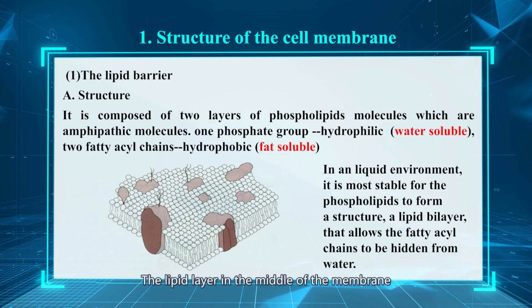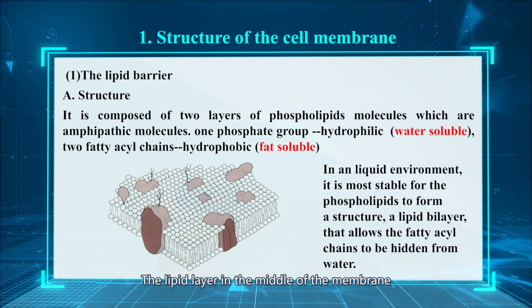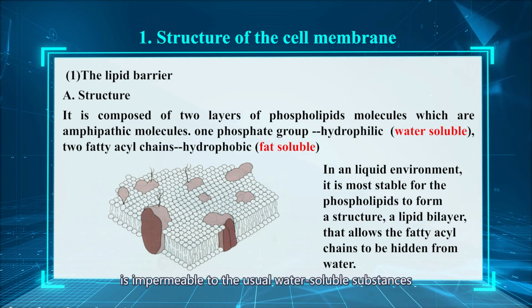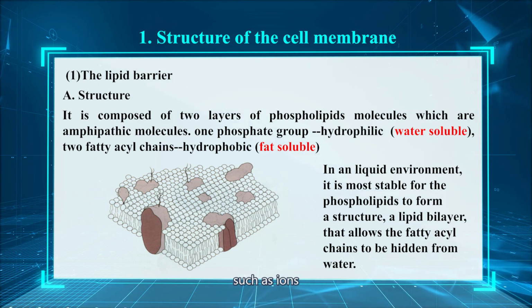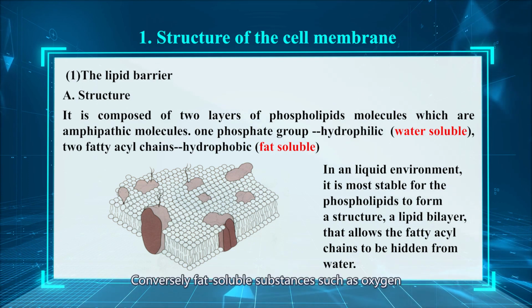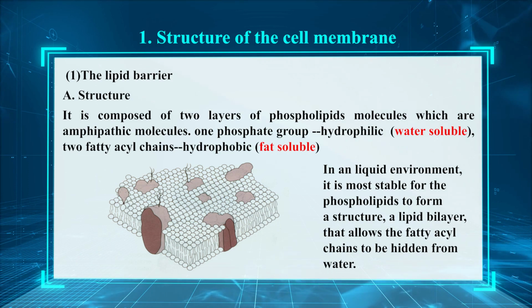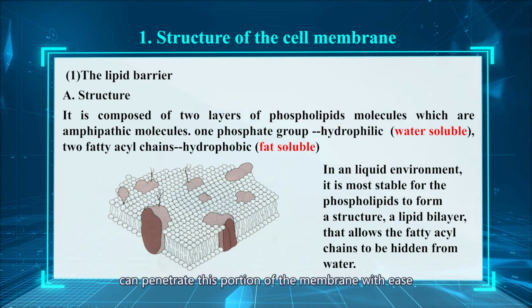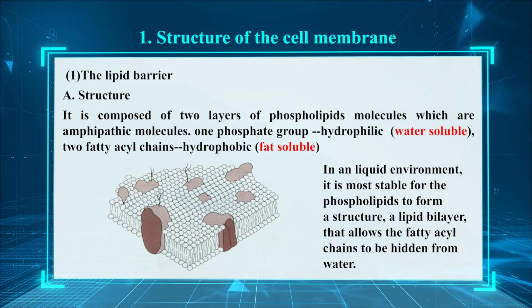The lipid bilayer in the middle of the membrane is impermeable to water-soluble substances, such as ions, glucose, and urea. Conversely, fat-soluble substances such as oxygen, carbon dioxide, and alcohol can penetrate this portion of the membrane with ease.